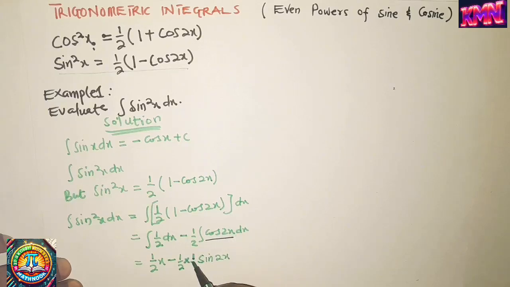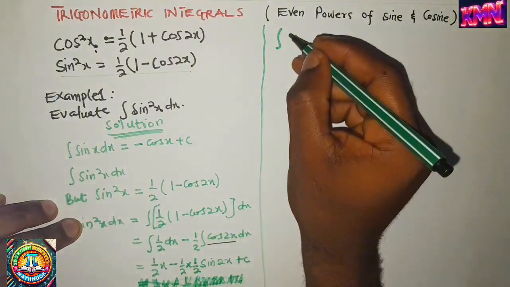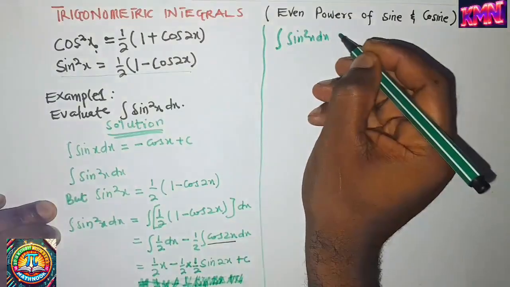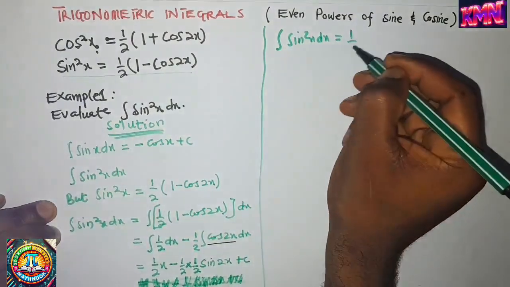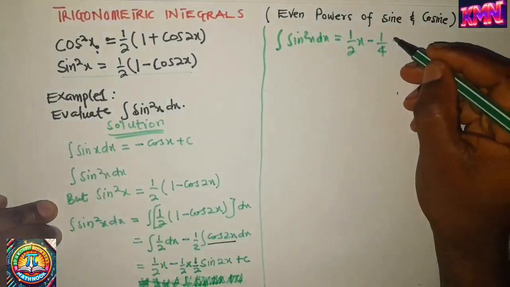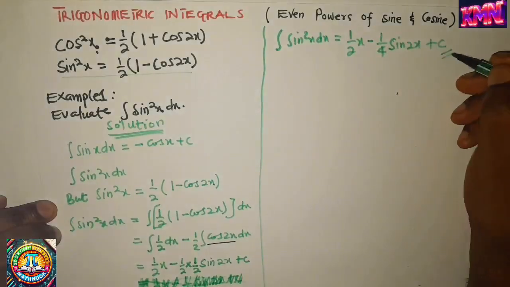Multiply its reciprocal to the result, plus c. And the result for the integral of sine squared x dx now becomes half x minus 1 on 4 sine 2x plus c. And that's the result.